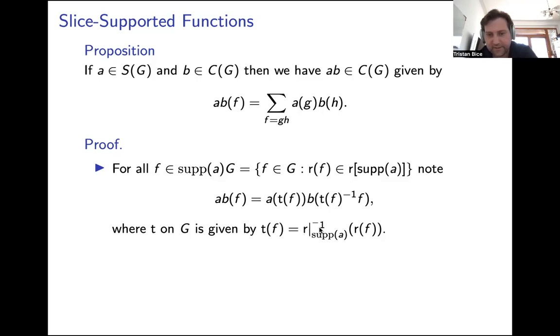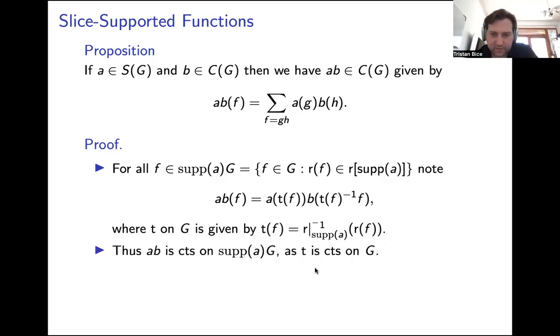For that to be continuous is the same as saying that R is really an open map, right? So this is really where you're using the étaleness. Being a topological groupoid would not suffice at this point.